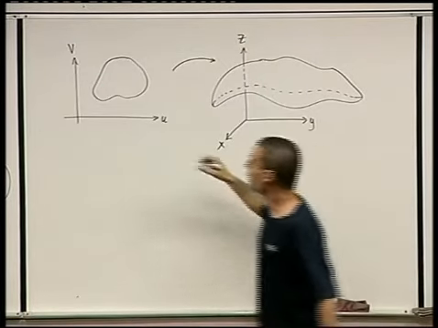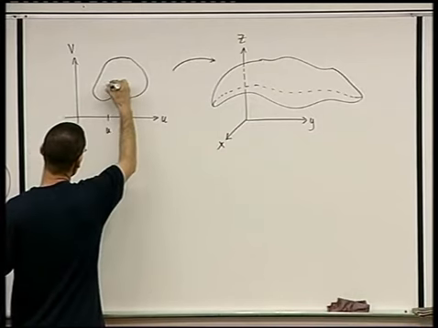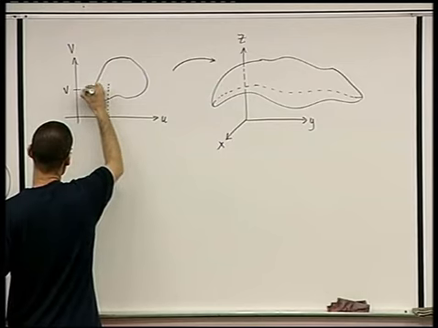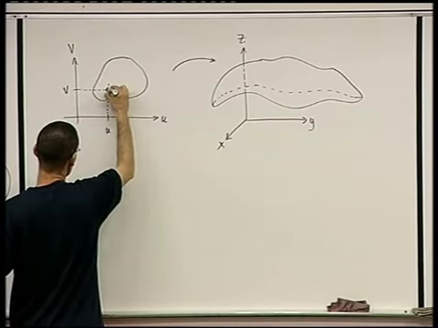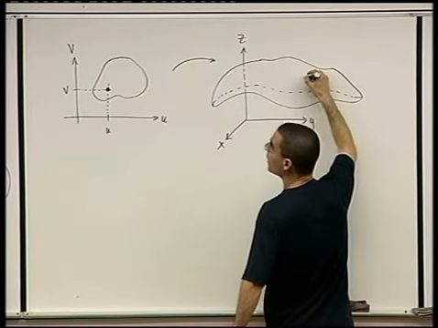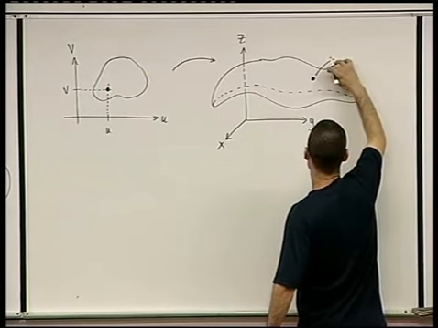And every point uv here, so here's the point u, v. This point can now be found somewhere here. This is now the point.